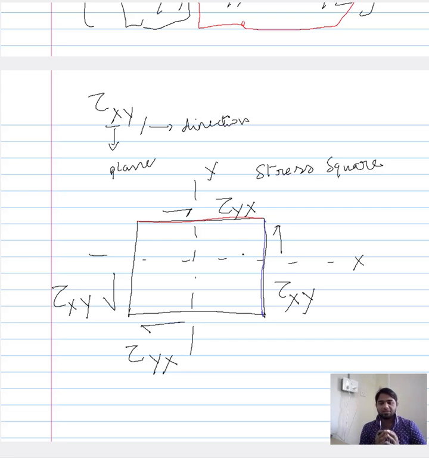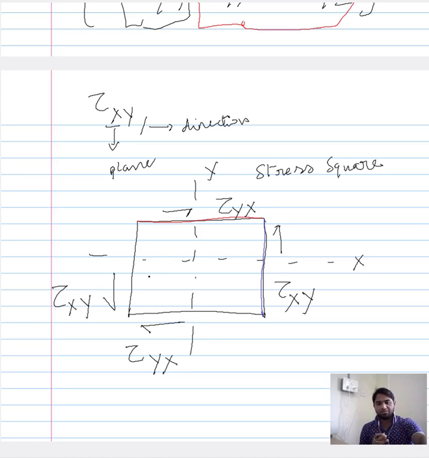Now the other reason why one would consider a stress square is that we can talk about the stability of the square depending on the inequalities between these stresses. So we have four stresses acting on the square. Supposing there are some inequalities, we can talk about what would happen to the square.